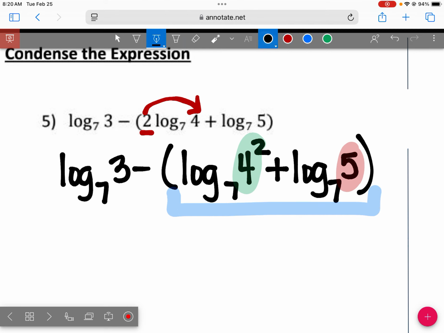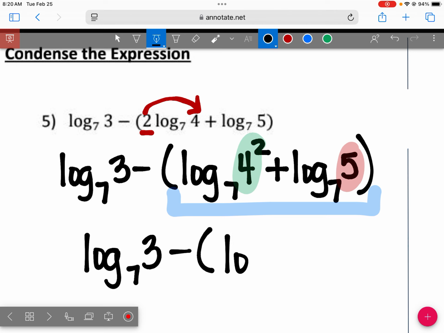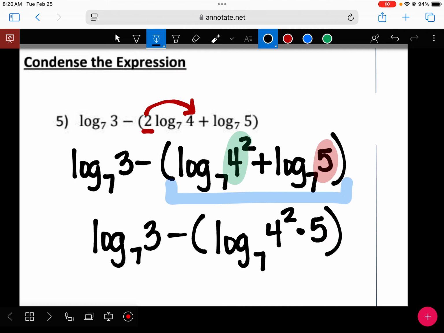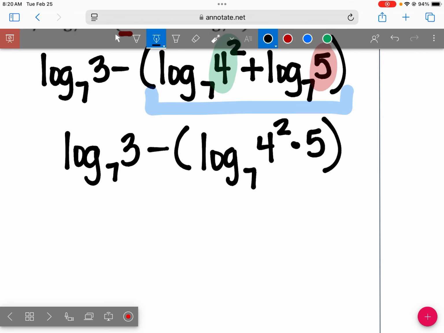That gives me log base 7 of 3 minus log base 7 of 4 squared times 5. When you condense, it should only be one log. Now we have a subtraction though.